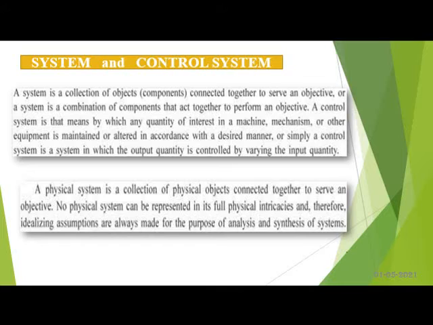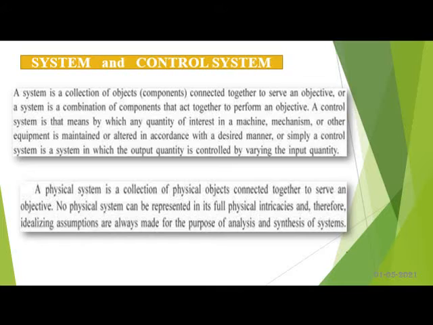This is real life; without control we can't do anything, because all systems are always non-linear, so we have to make them linear by linearization, giving a linear control system.